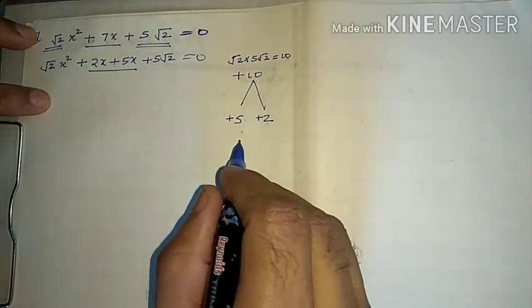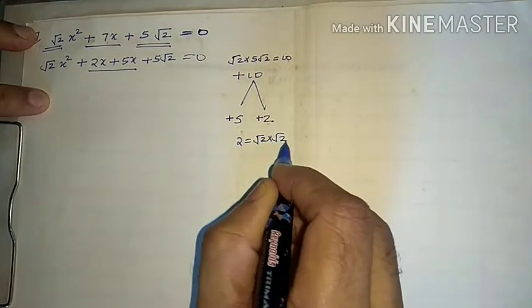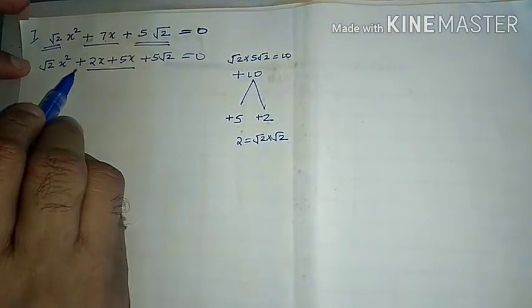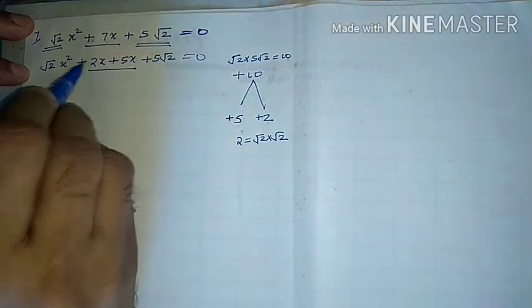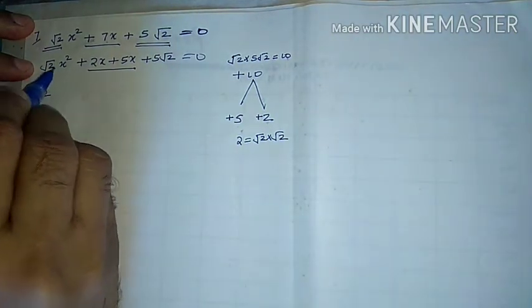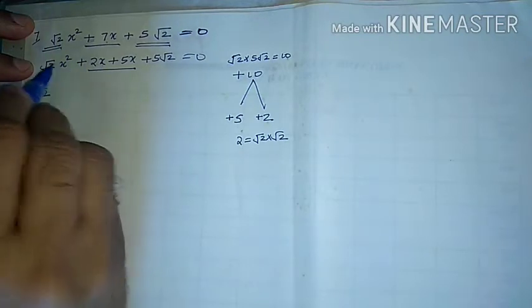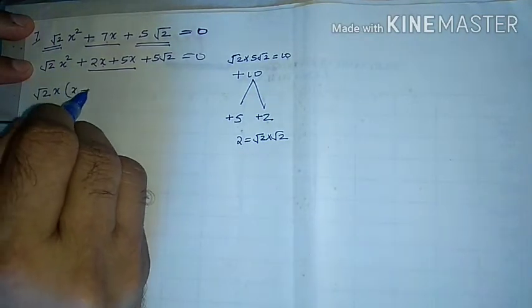Now you understand that 2 is root 2 into root 2. Out of this, one root 2 we can take as a common factor, and x also is taken out, remaining x.